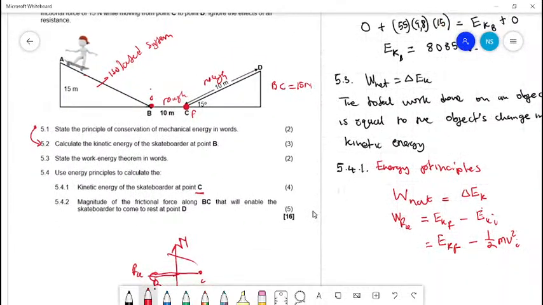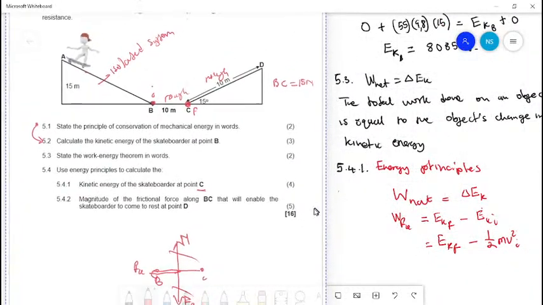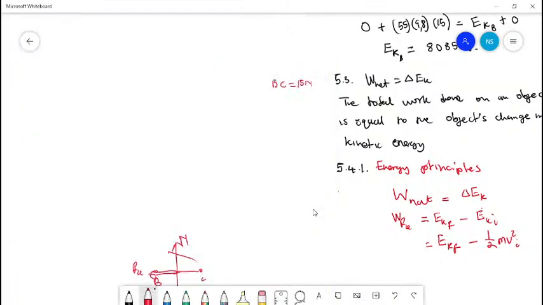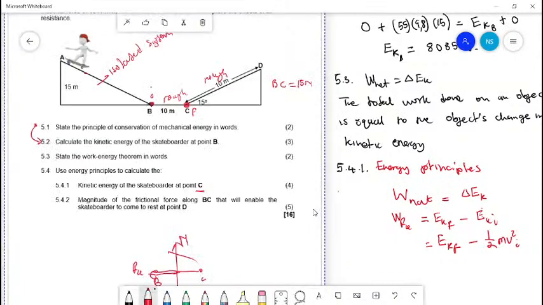So that's the development that I got from the errata, because I can see that this question was going to be a very difficult one to answer without knowing our frictional force in that way, right?